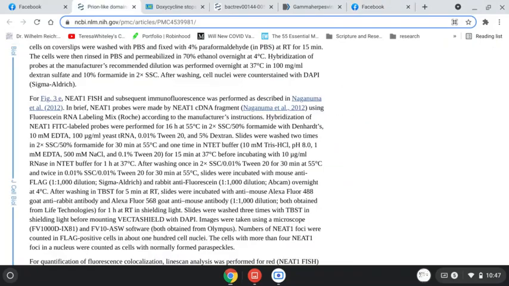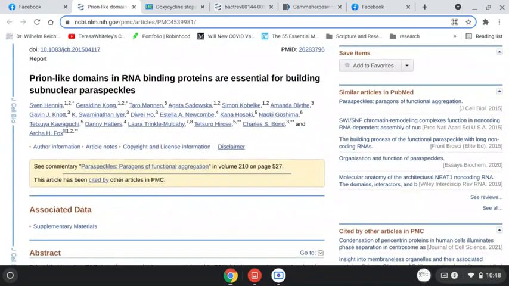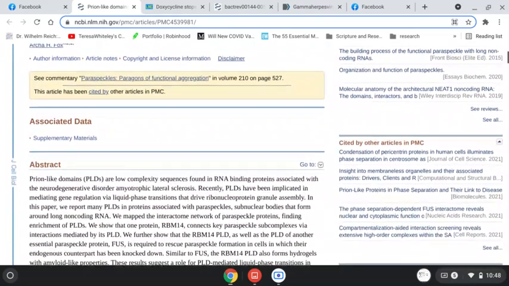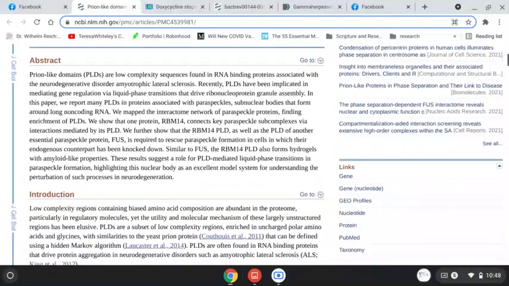So this link is to: Prion-like domains and RNA binding proteins are essential for building subnuclear paraspeckles. Okay.